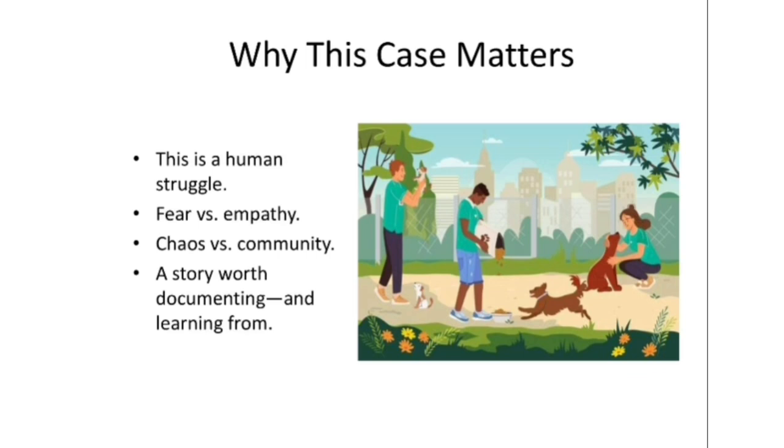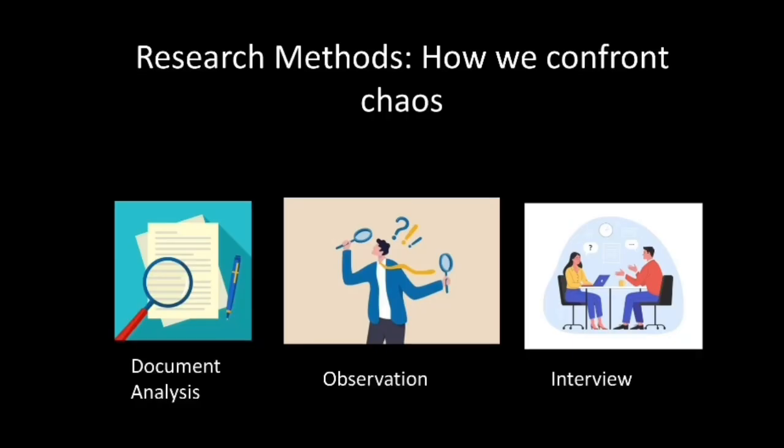In research methods, you're just talking about how the researchers did it for future researchers to be guided on what to do. This example shows exactly how real case studies are built. First, document analysis. Researchers looked at the bite incident reports or the health records and existing regulations or animal welfare laws.